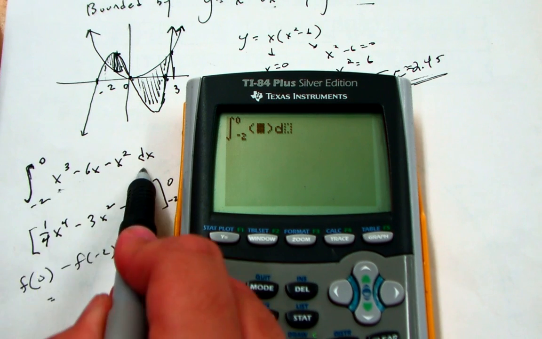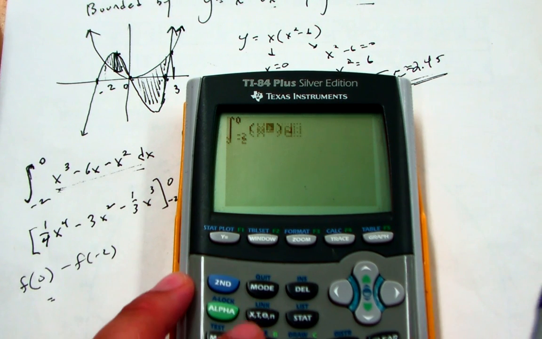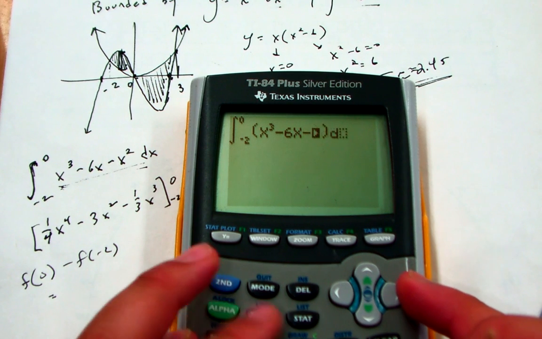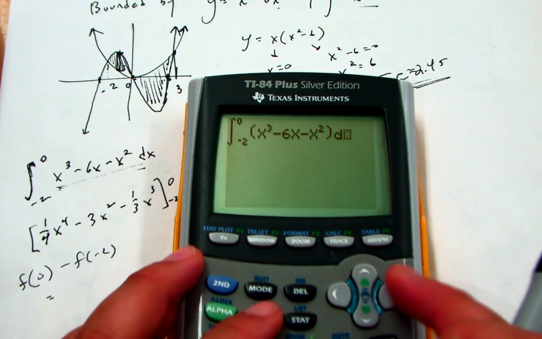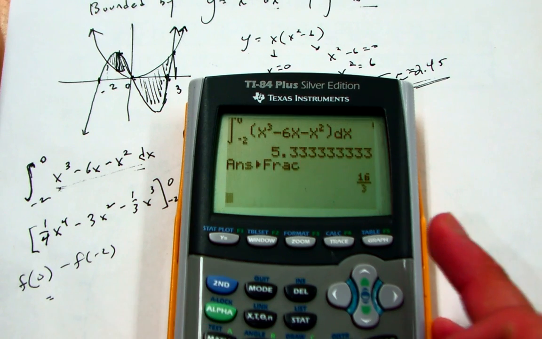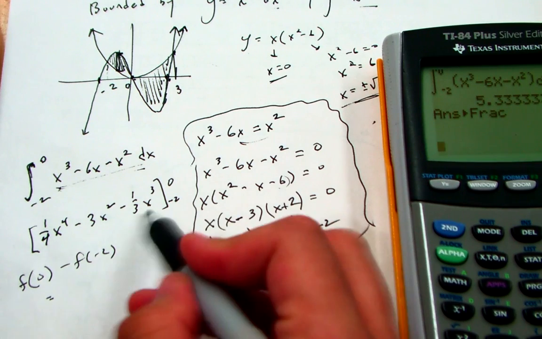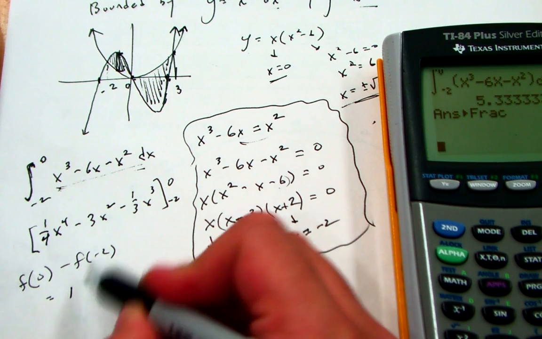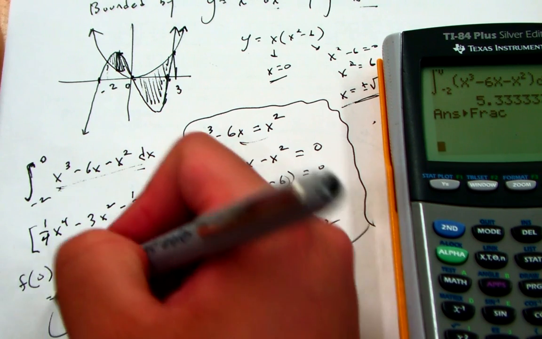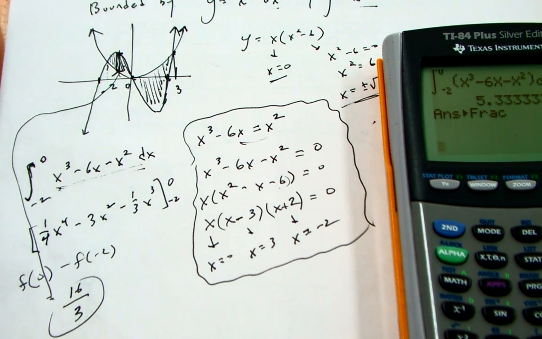I'm plugging in the original function because this is kind of cheating, but it'll just make for a shorter, less boring video, hopefully. 5 1/3 or 16 thirds. So all this stuff would simplify, and you can kind of see where the thirds have come from. 16 thirds. So that's the number of blocks that live in that region.